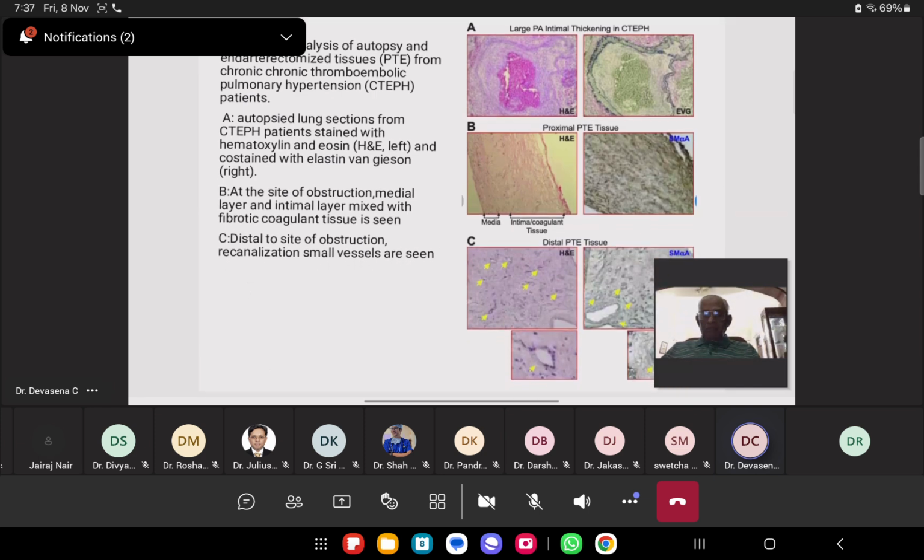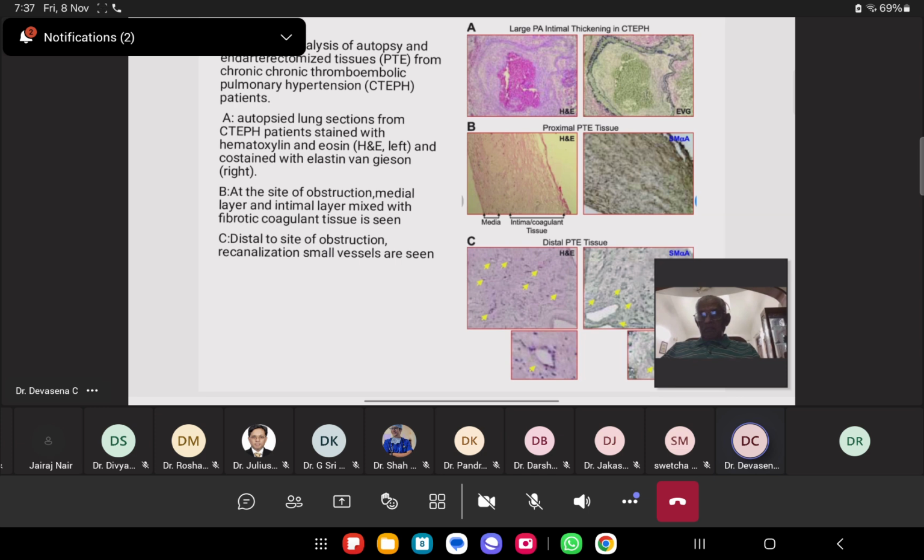This image shows histological analysis of autopsy in CTEPH patients who had undergone endarterectomy. The first image shows thrombus within the vessel, the pulmonary artery.